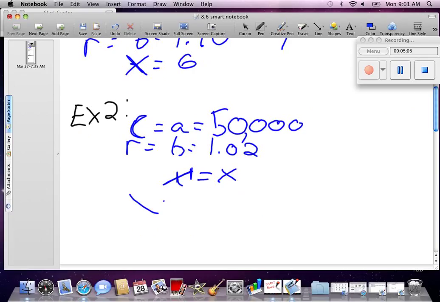Then we rewrite it. We say y equals 50,000, because that's our A, times 1.02 to the x. And then if they tell us 5 months, we could plug in 5 for x and find out what the equation is. All right, let's flip this over.